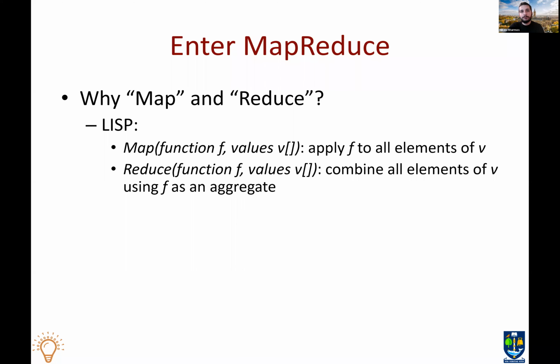And then there is the reduce concept, where again you have a list of values and a function, and the output is, you can think of it as a single value that has been computed by combining all of the values in your input list using the reduce function.